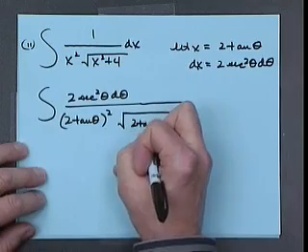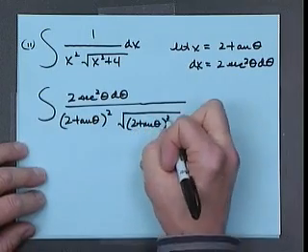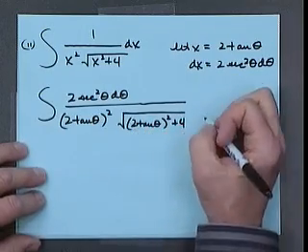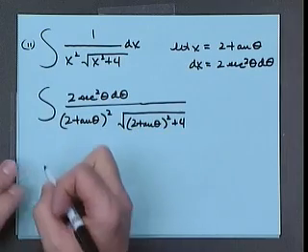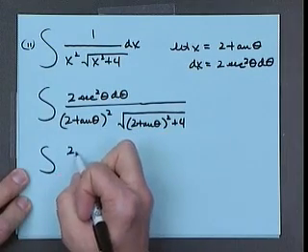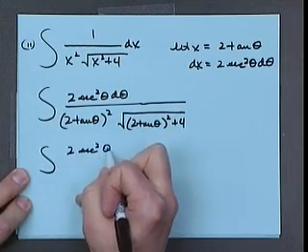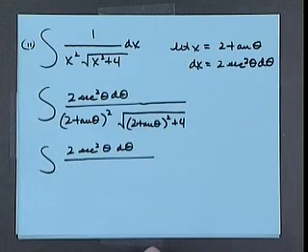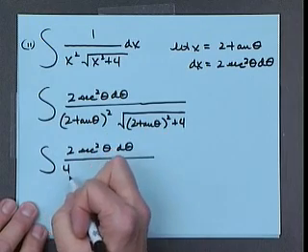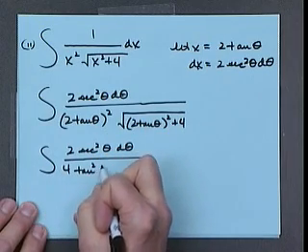X squared, does that look right? Yeah. All right, let's square this stuff in the denominator. 4 tangent squared.